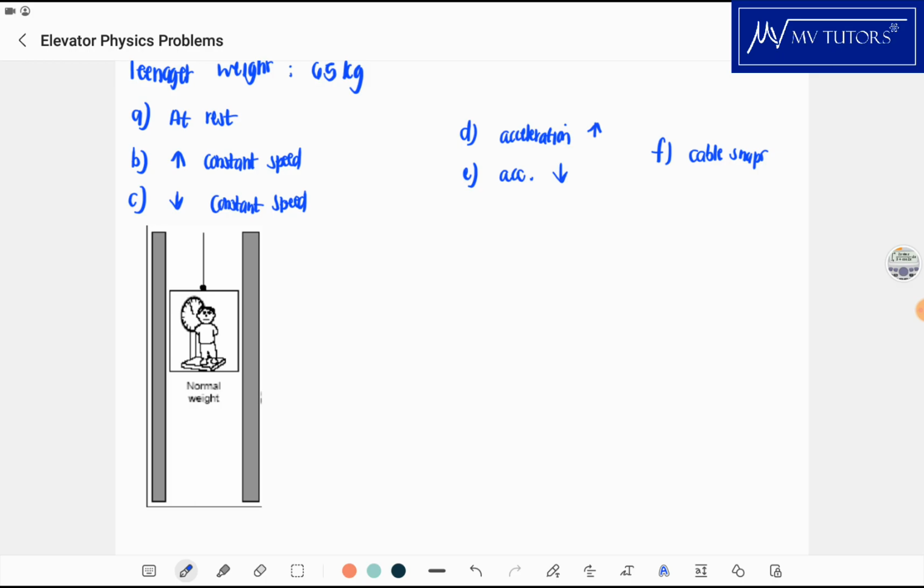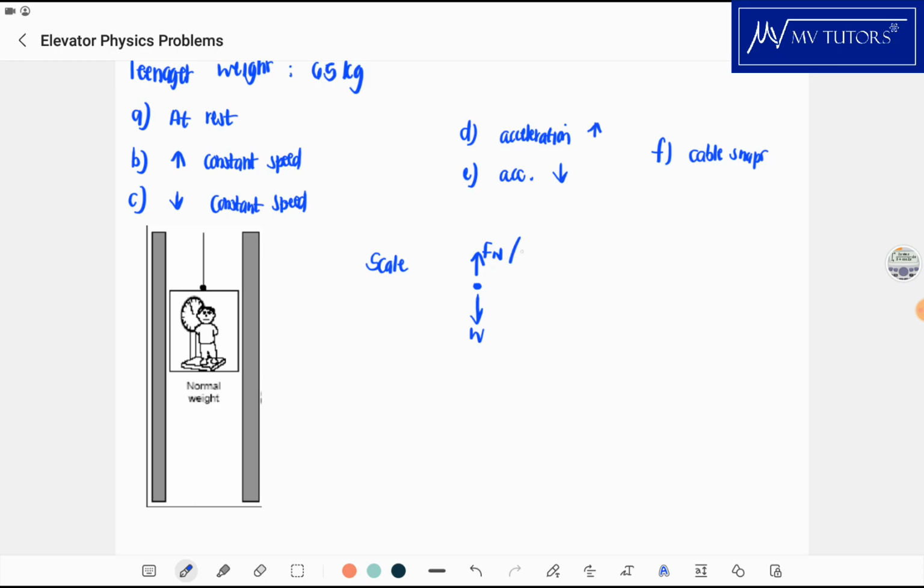And one thing we should know about the scale: it doesn't always read the weight force. Remember, if you're on a scale and I said draw a free body diagram, what the scale would experience is your weight force, and there's also a normal force.